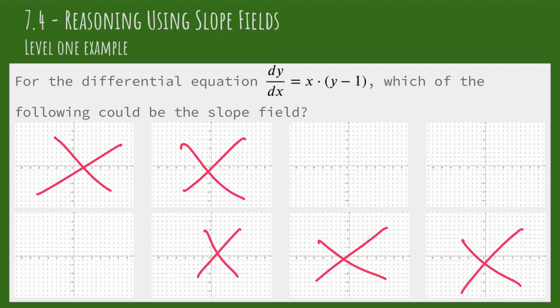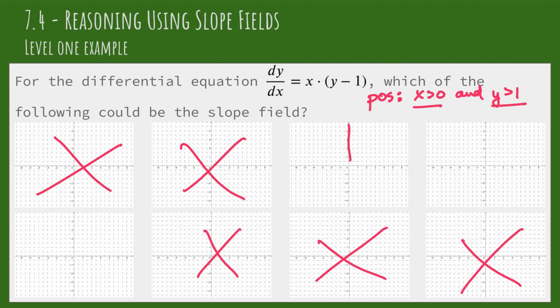So what I want to look at now is where slopes should be positive or negative. So I'll start with positive. So we should have positive slopes in 2 different cases now. When x is positive and y minus 1 is positive, so that's going to be x greater than 0 and y greater than 1. Okay, so this is going to be to the right of the y-axis and above y equals 1.